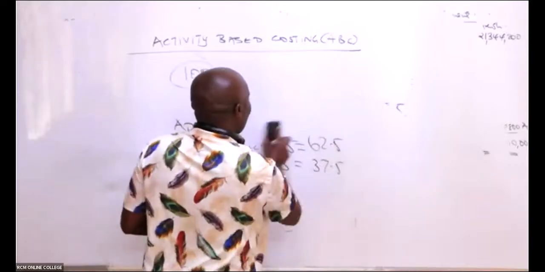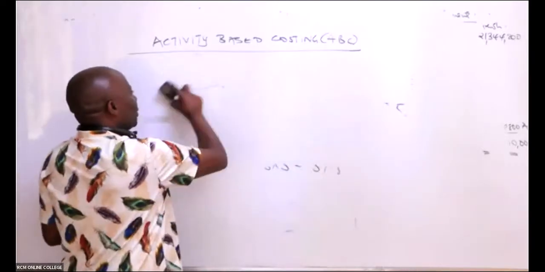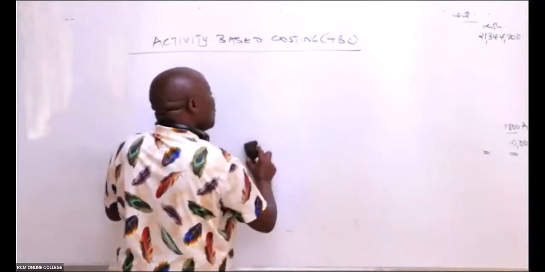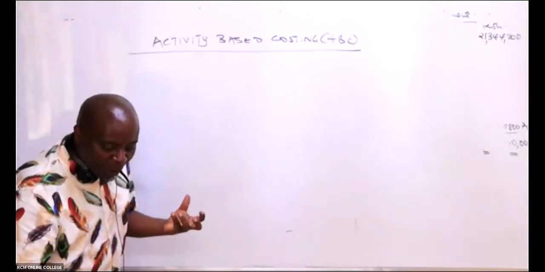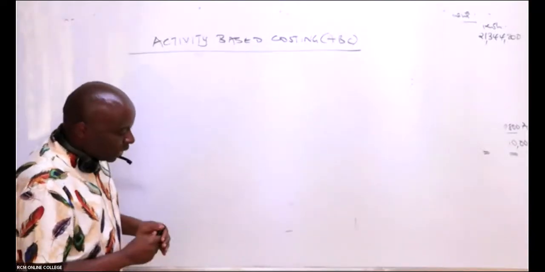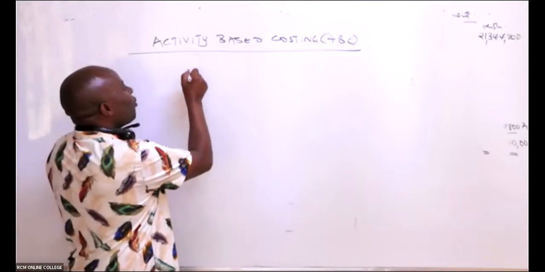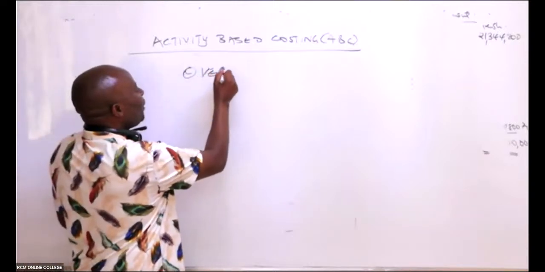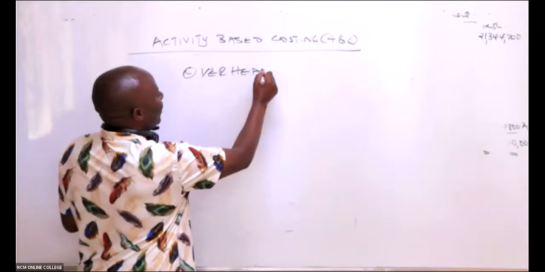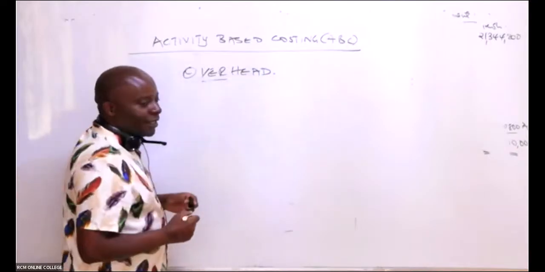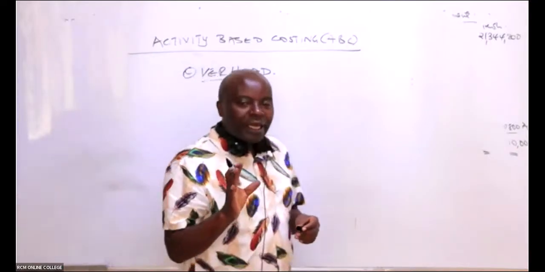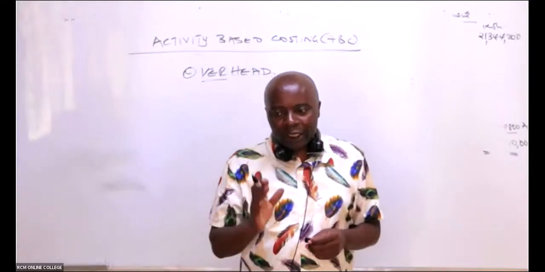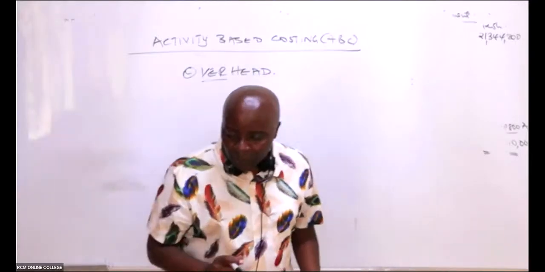Now, when we talk of the activity-based costing approach, ladies and gentlemen, first of all, you need to appreciate what we are doing in terms of apportioning these overheads. First of all, what is an overhead? From the name, overhead, these are basically common expenses.